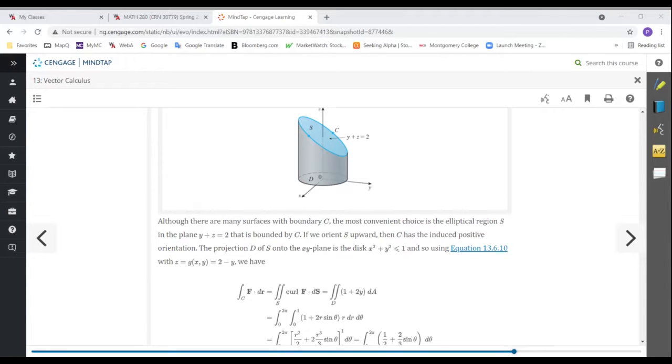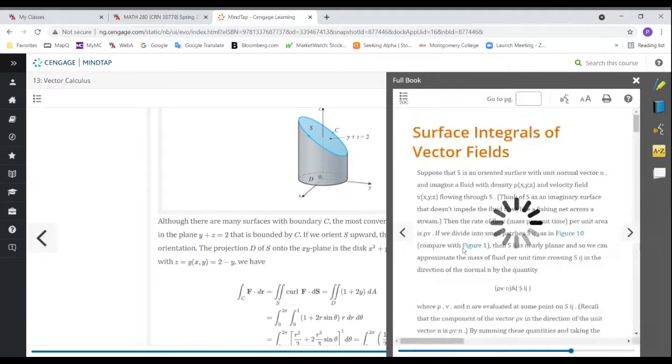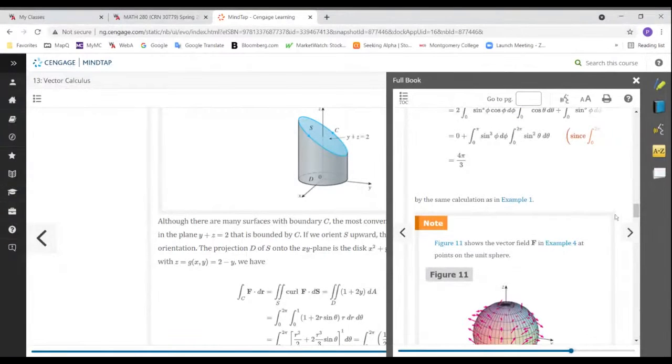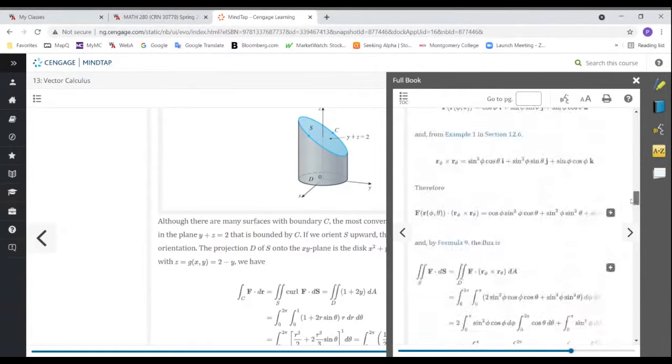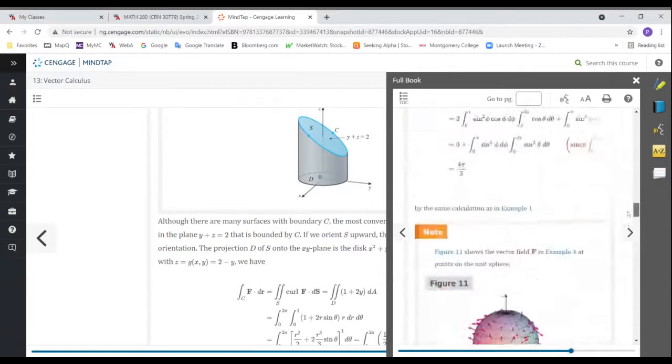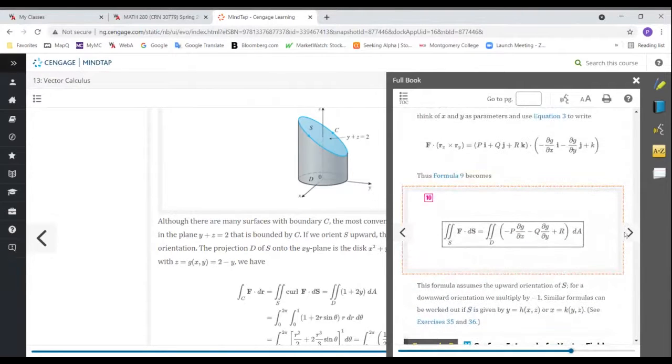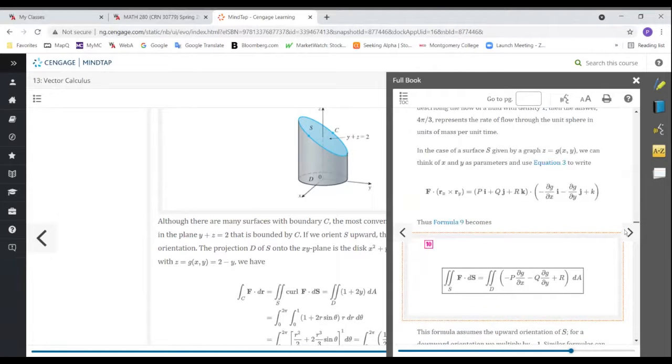Again, I normally like finding the parameterization of the plane and working with just one formula, but for good measure I want to show you this way as well. I'm going to click on that equation. Hopefully you can see it.